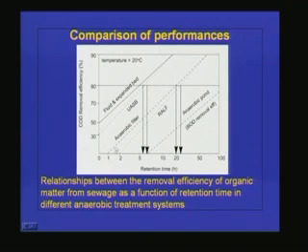And this is the performance of the anaerobic filter, and this is the efficiency of the anaerobic pond. Compared to all these, the efficiency of the anaerobic pond is much less, because here we do not have any mechanism by which we can maintain the microbial concentration in the system.